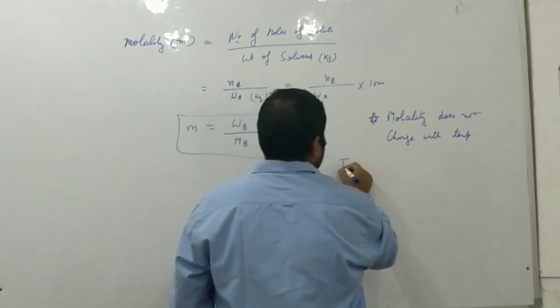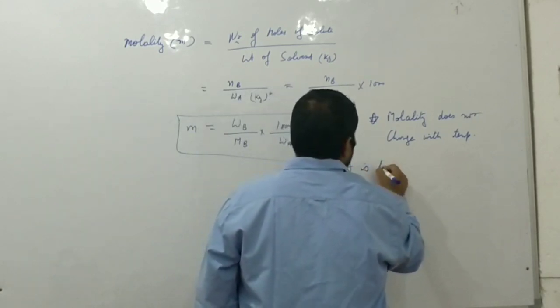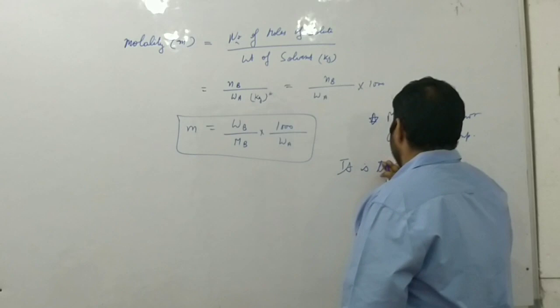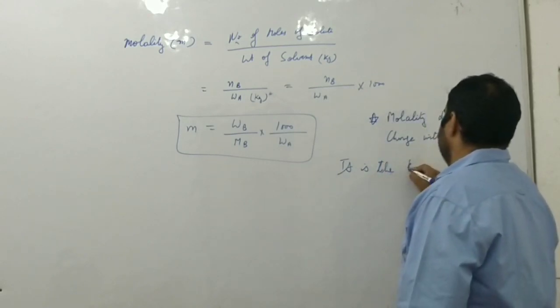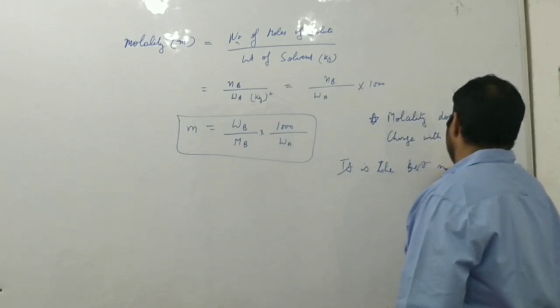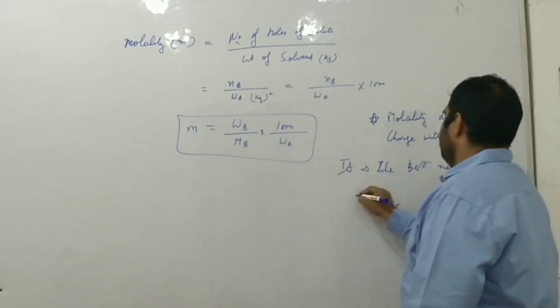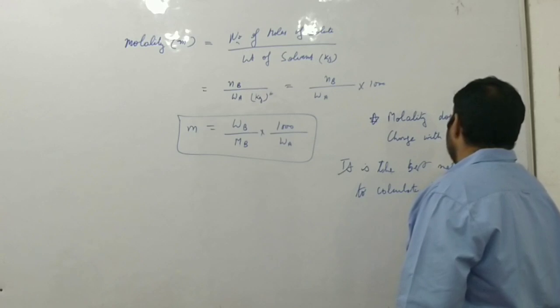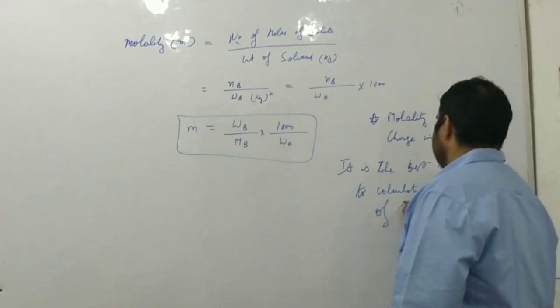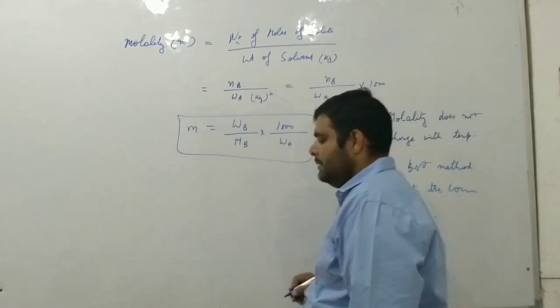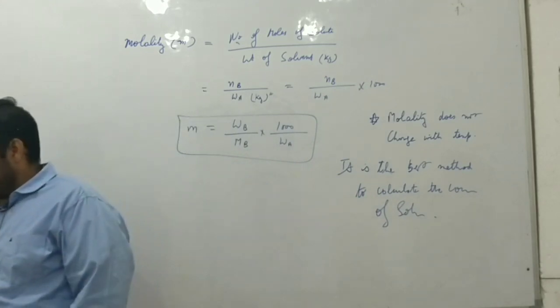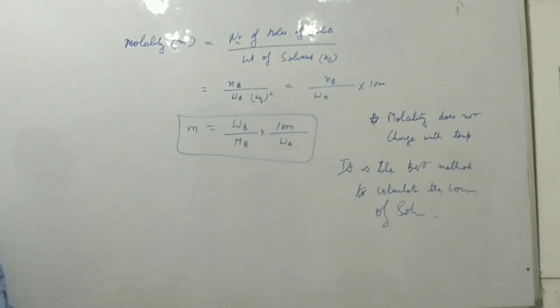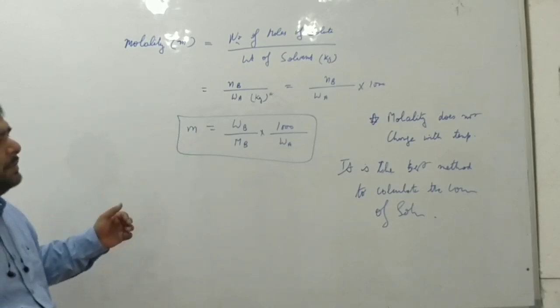Hence, it is the best method to calculate the concentration of solution, because in solutions sometimes we need to change the temperature for the solution. So molality is better because it does not change with the temperature.